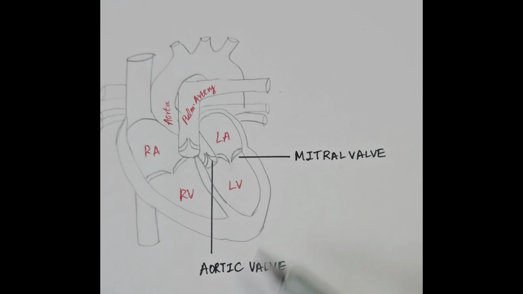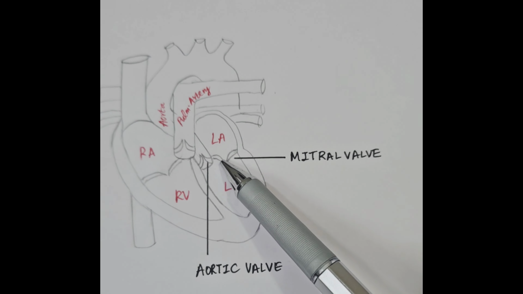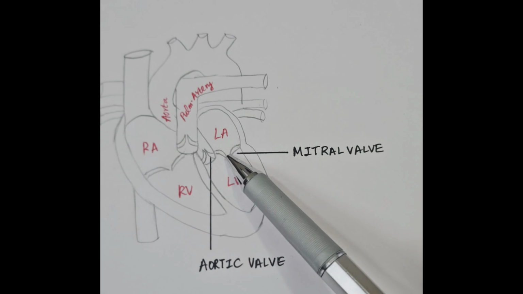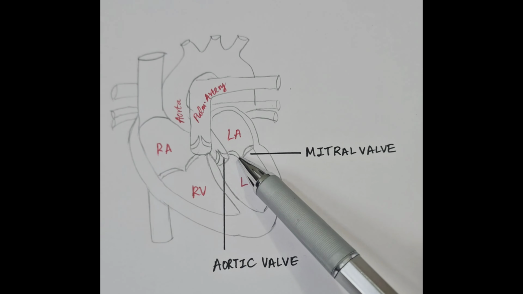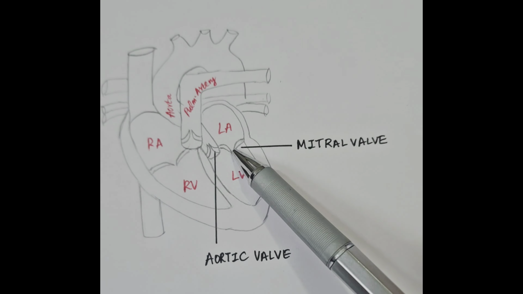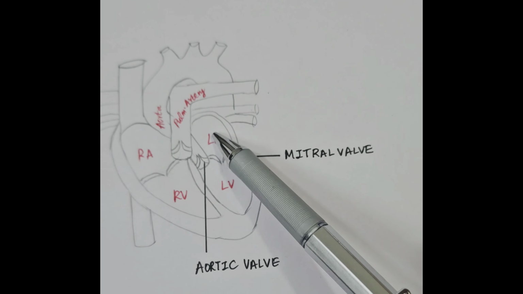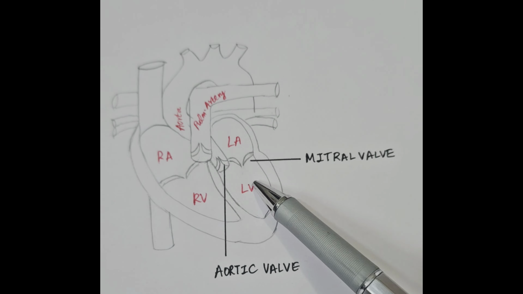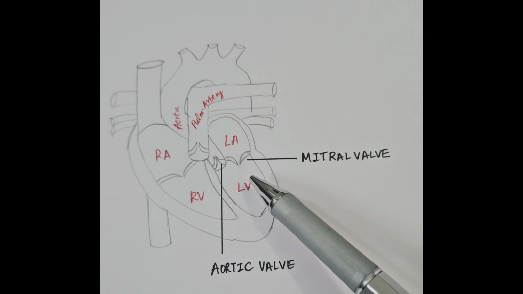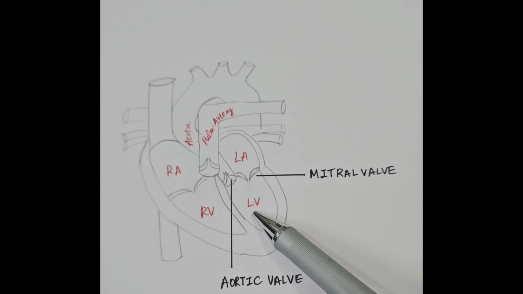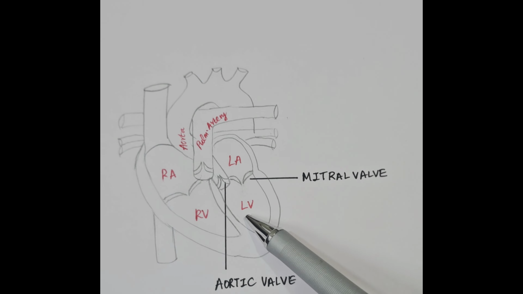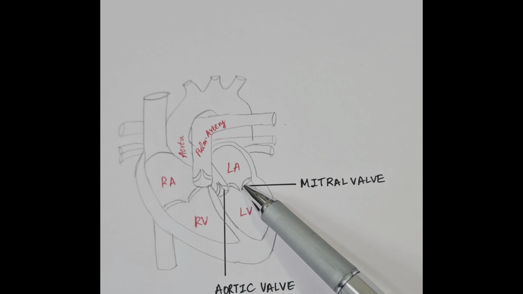Now let's talk about mitral regurgitation, where there is a leaky or floppy mitral valve. During diastole, let's say 100 ml of blood comes from the left atrium to the left ventricle. Now the left ventricle has to pump 100 ml of blood to the aorta during systole. But there is a leaky mitral valve.